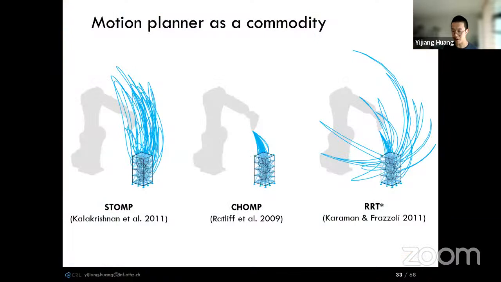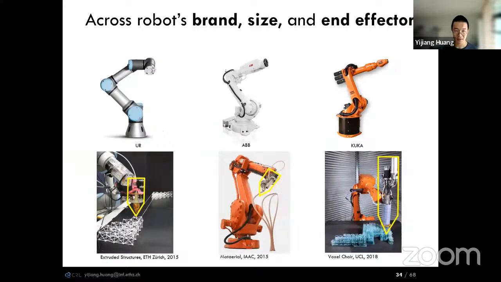This planning framework allows us to really experiment with different motion planners. These motion planners offered by the robotics community are becoming commodity tools that we can plug in and play and see which one works the best to achieve our design outcome. What we gain here is not only expansion of geometric possibilities, but also flexibility in working with different machines.